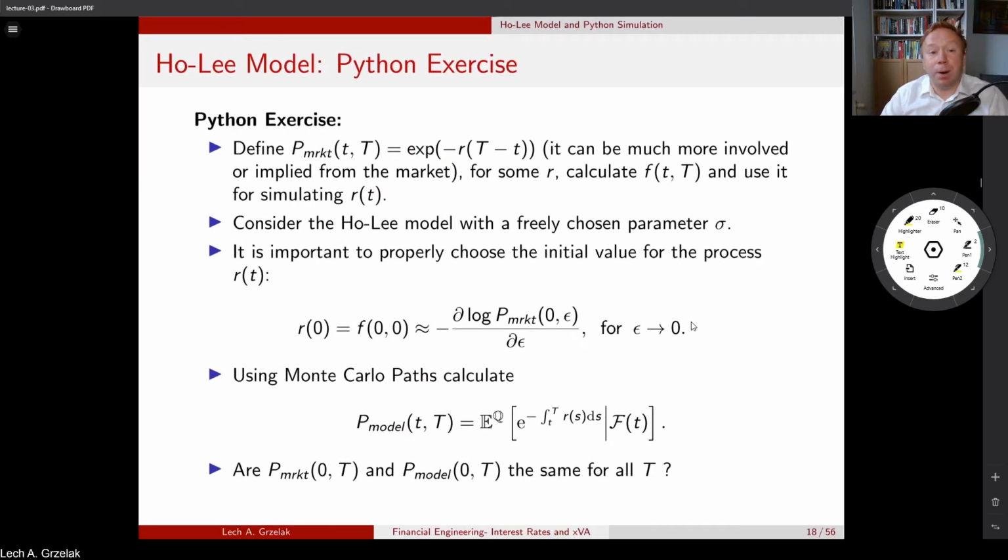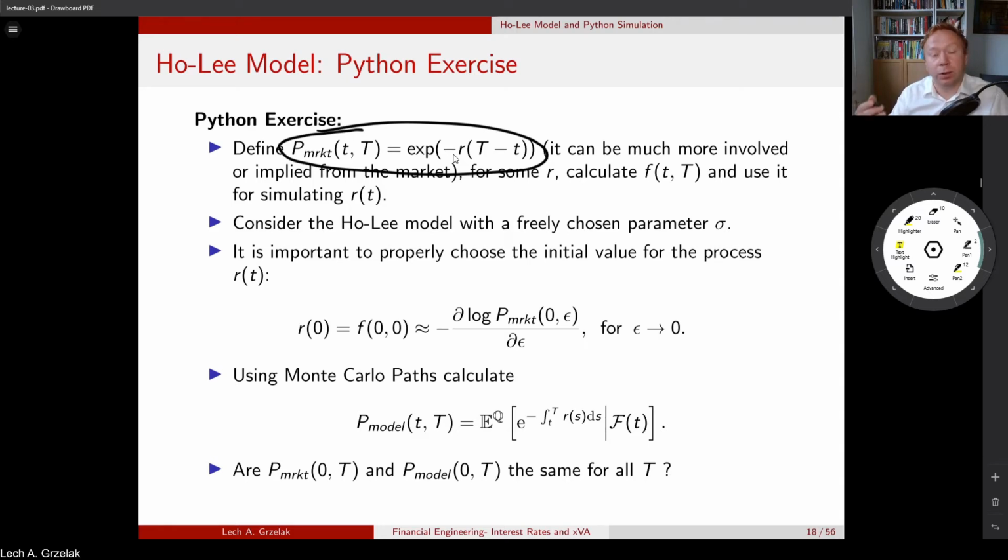Let's now perform an experiment, a Python experiment. The idea of this experiment is as follows. First, we specify some zero coupon bond curve. This curve, like I said before, will typically be associated with a yield curve, and will typically be an input to your model. In exogenous models, it is always an input to the model, but in equilibrium models, this will be the output.